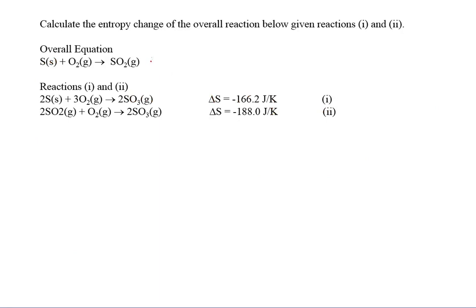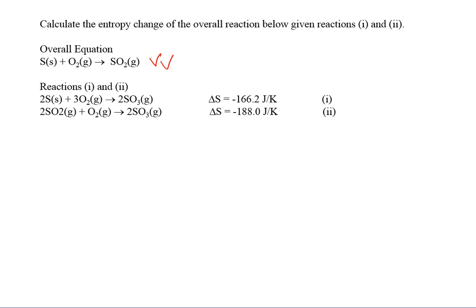But we can obtain the entropy of this chemical equation by using the 2 reactions below, reaction 1 and reaction 2. So it's just the same process. This one will be a little more complicated than the first process.